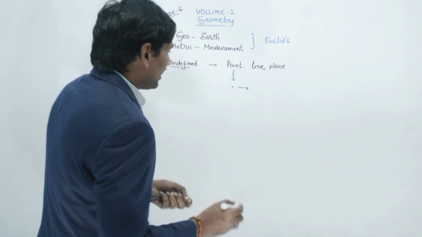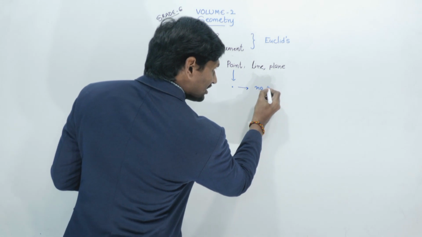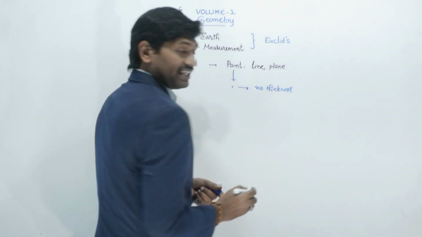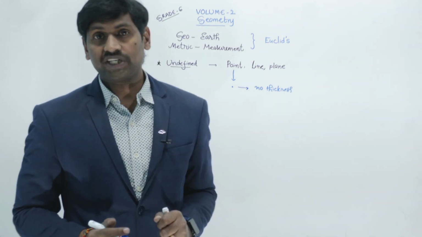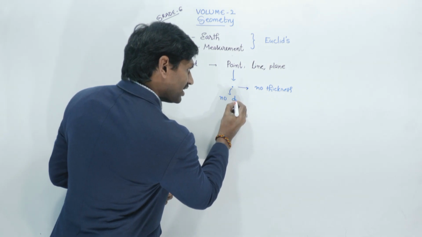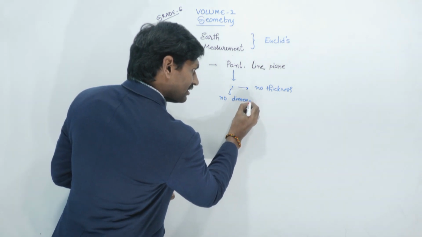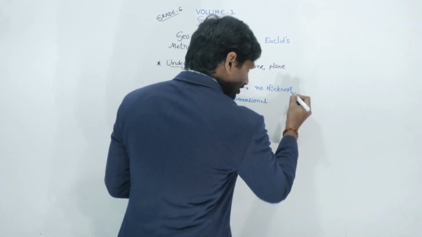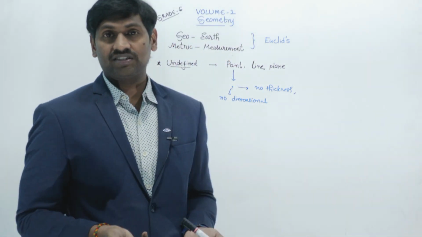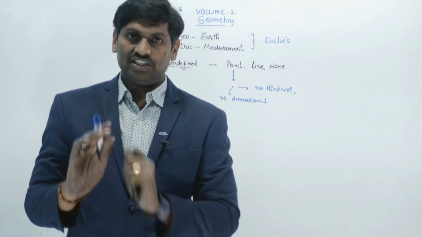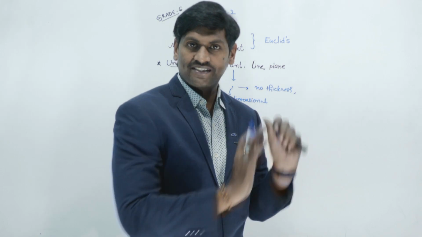And there is no thickness, because a point is a no dimensional object. There is no thickness, no length, no breadth. It is just a dot to represent a location or a place.